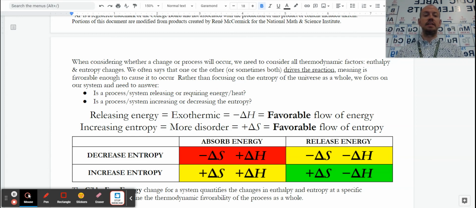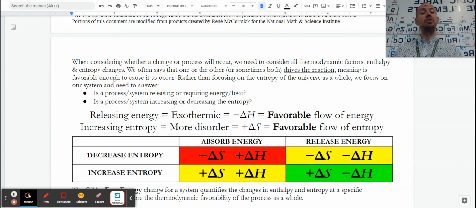Any reaction that is negative here and positive here requires energy and decreases the entropy, is never by itself going to be favorable, or that is thermodynamically unfavorable. These other combinations, when the signs are the same, positive with positive, negative with negative, we have one component that's positive, one that's negative.